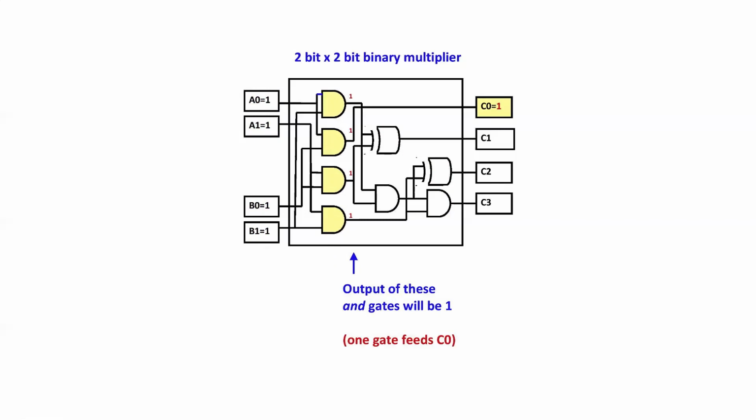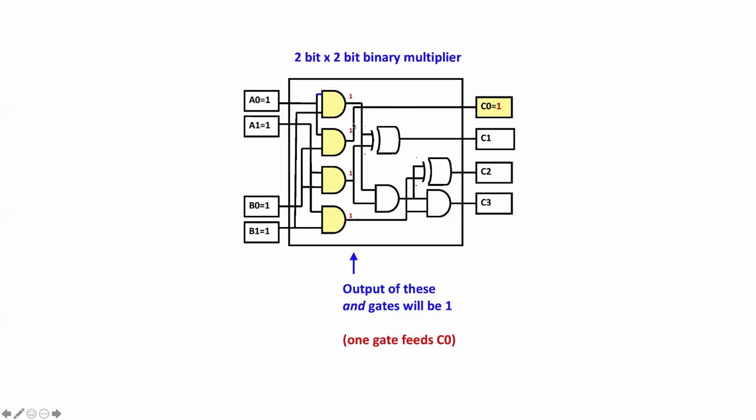So all of that first column of gates are going to have 1 as their output. This gives us enough to see at least one bit of our output, C0, according to this figure. It just depends on the output of this AND gate, so we know it's going to be a 1. The rest of these depend on the other gates.